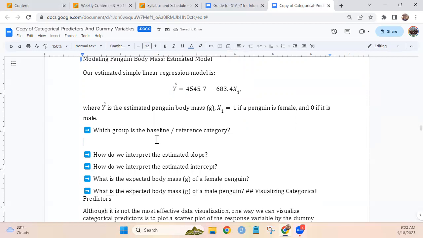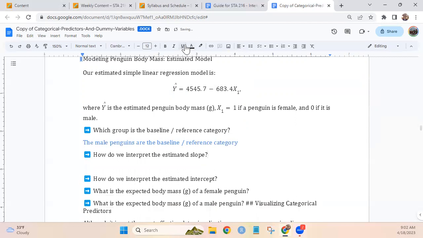So which group is the baseline or reference category here? We already said that actually. The males, right? Male penguins are the baseline reference category. And then how do we interpret the slope?